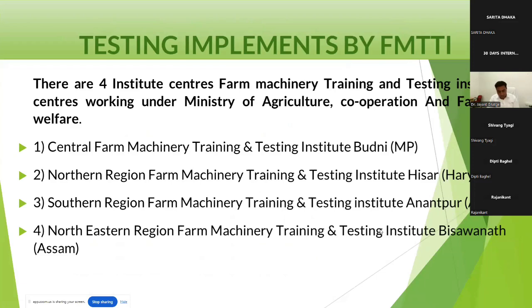Okay, so while discussing what type of initiatives from the government point of view are being taken to improve farm mechanization in Indian agriculture: for the promotion of mechanization, the Government of India under the Ministry of Agriculture and Farmers Welfare has four nodal offices throughout the country, divided into four parts.